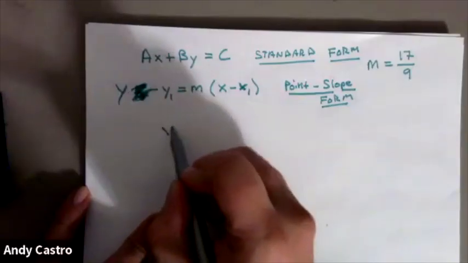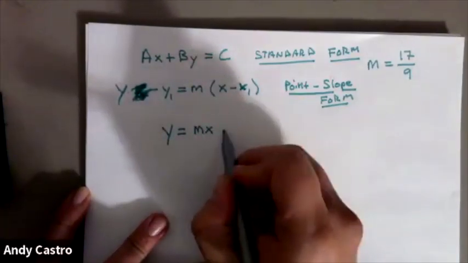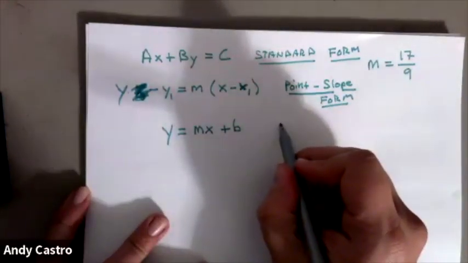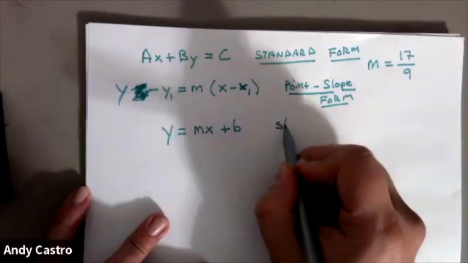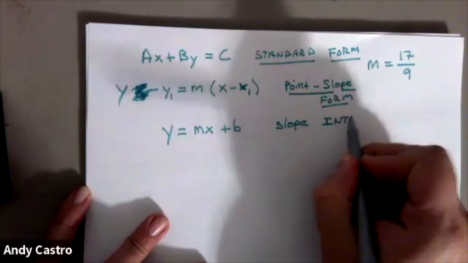All right, then finally we have y is equal to mx plus b. And this one is called slope intercept form.